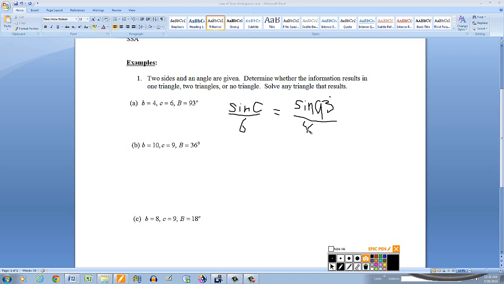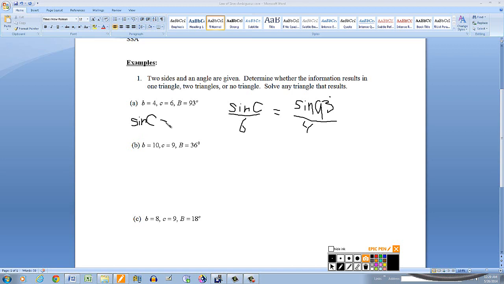Okay, so I have the sine of 93 degrees divided by 4 is equal to the sine of C divided by 6. So I'm going to solve for the sine of C.